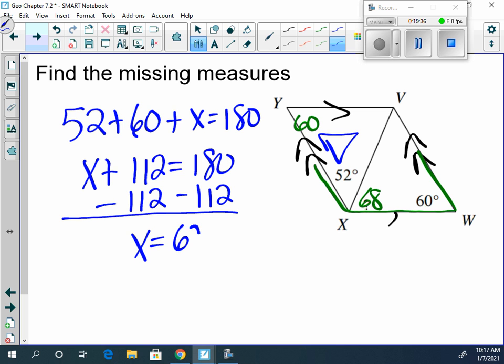So X is 68, so this angle here is 68, and it works out that these two triangles are similar, not the exact same, but similar. And that's it. Questions on this here? Any questions on anything we've done thus far?